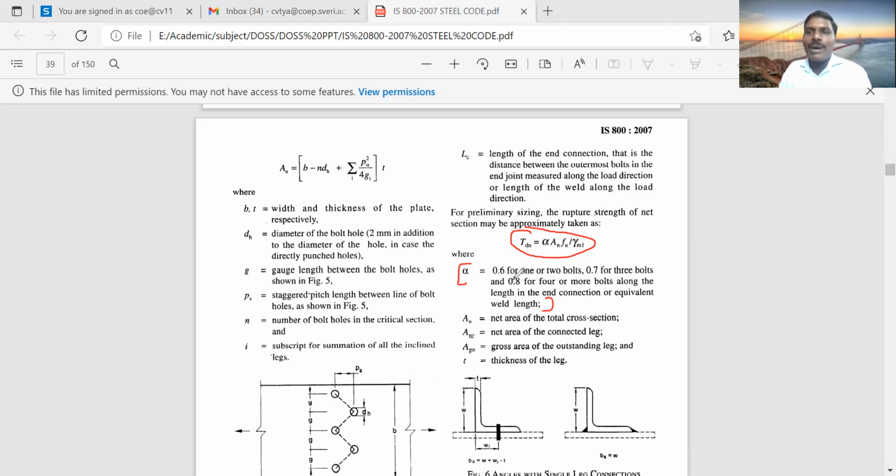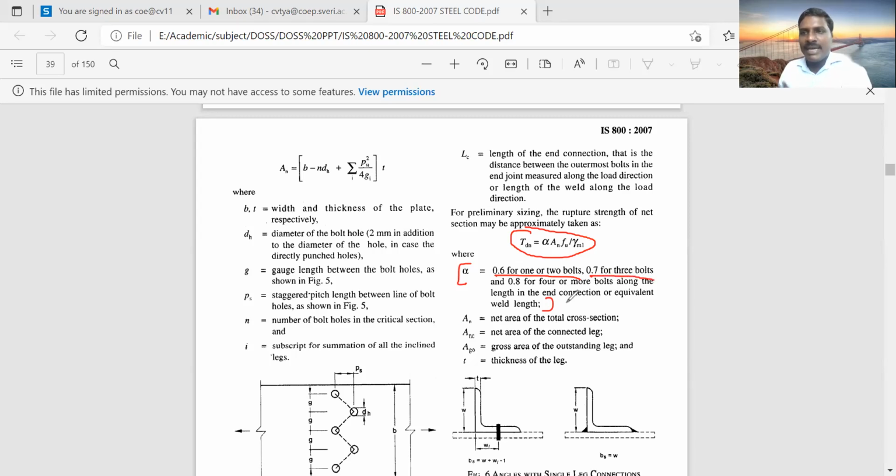How to choose the value of alpha? 0.6 is for 1 or 2 bolts. It means what? If 1 or 2 bolts are given, then you have to choose the 0.6 value. 0.7 for 3 bolts.